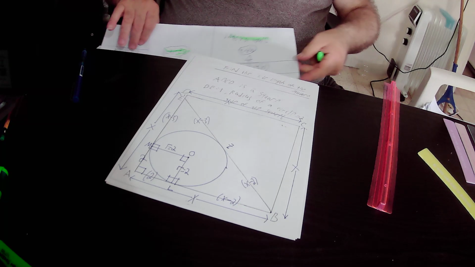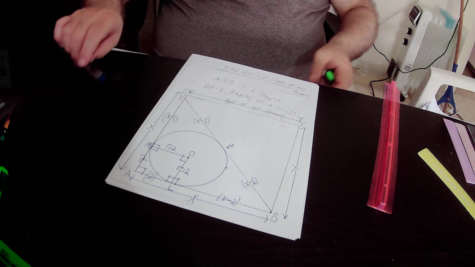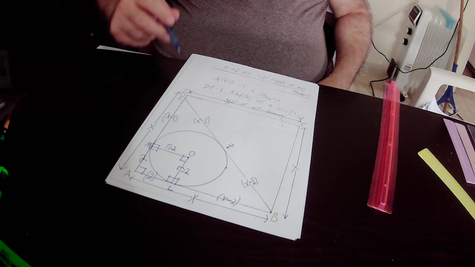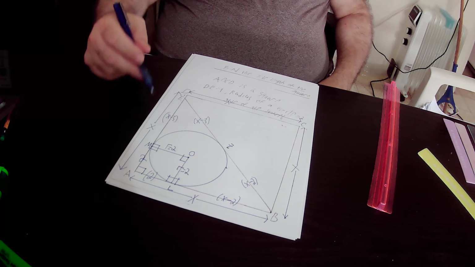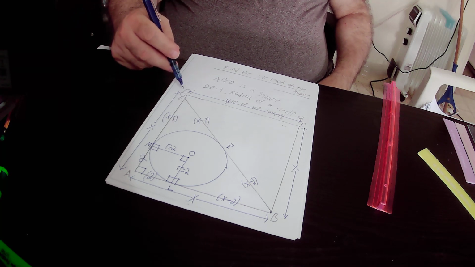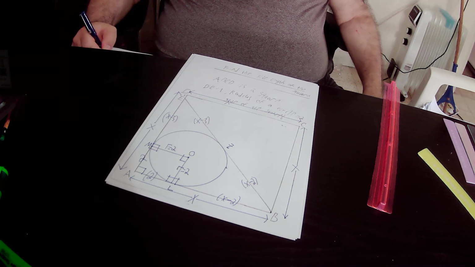So EA equals DA, DA equals X according to our definition, minus DE, DE equals 1 unit according to what is given in the question.